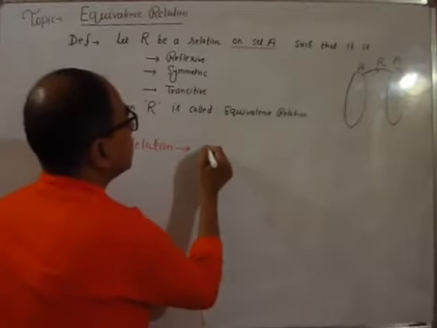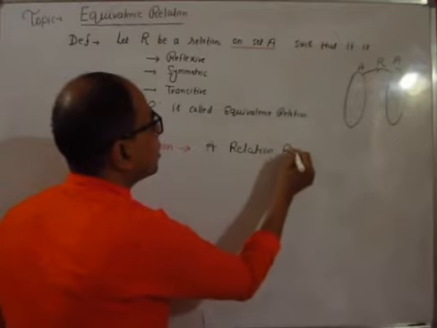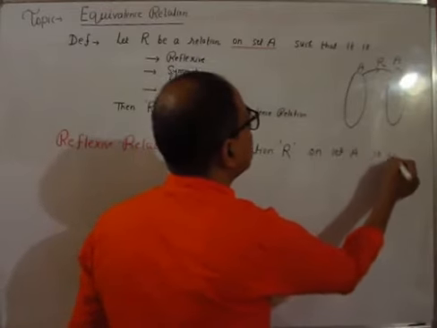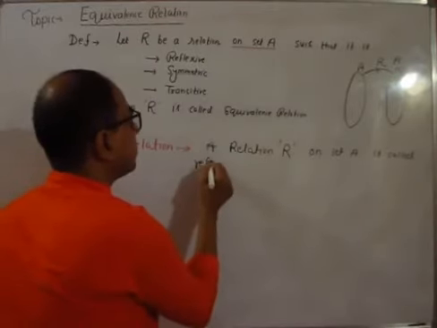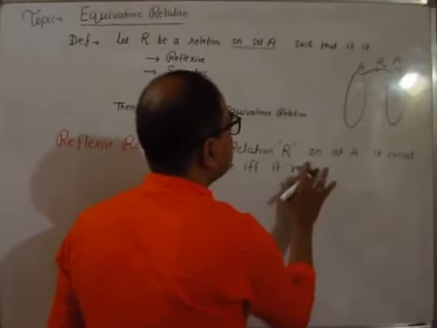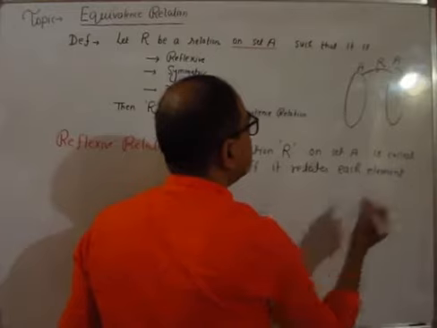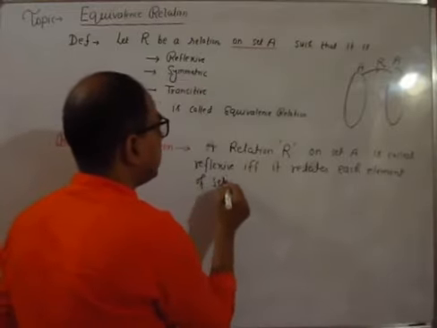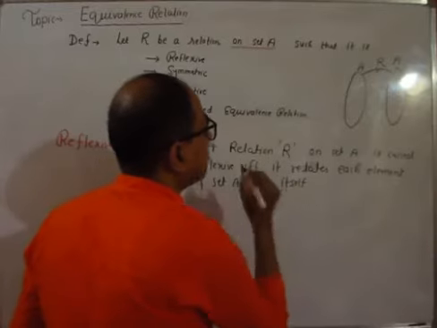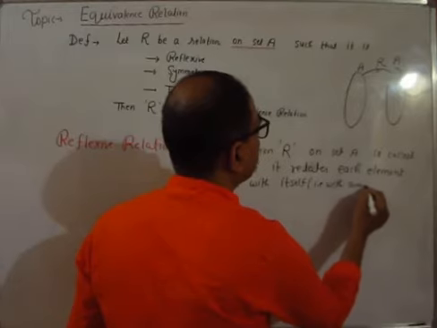A relation R on set A is called reflexive if it relates each element of set A with itself, that is, with the same element.